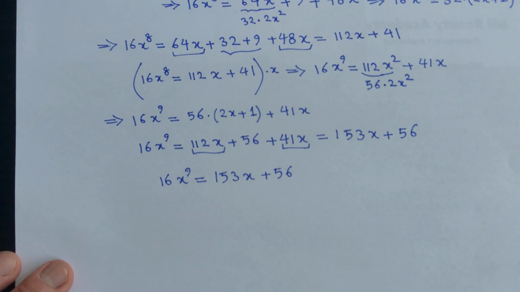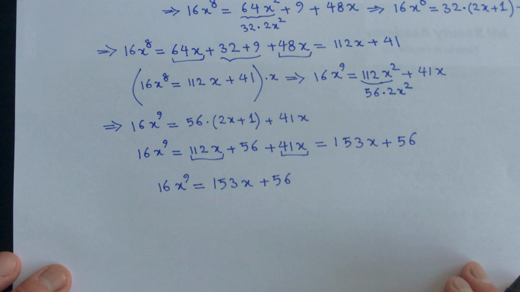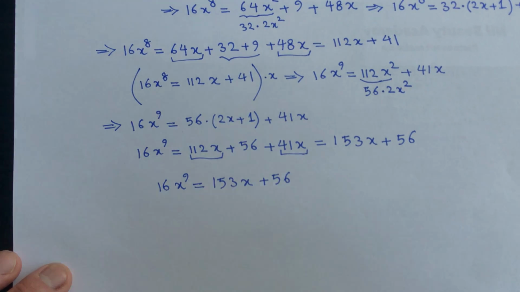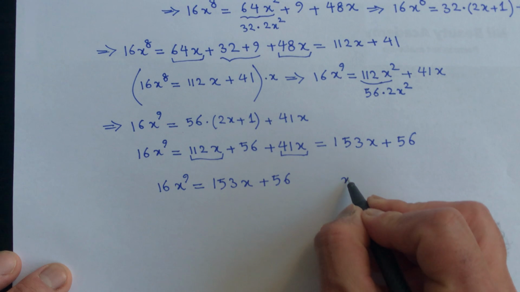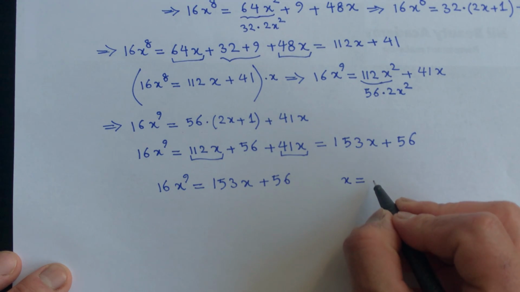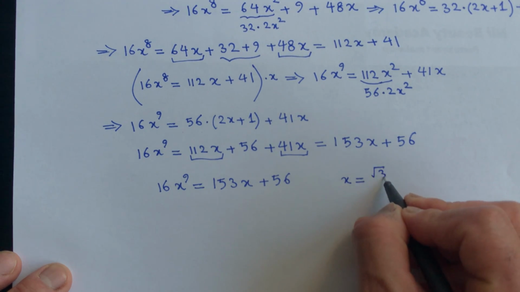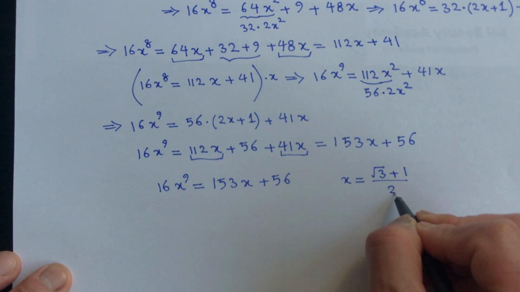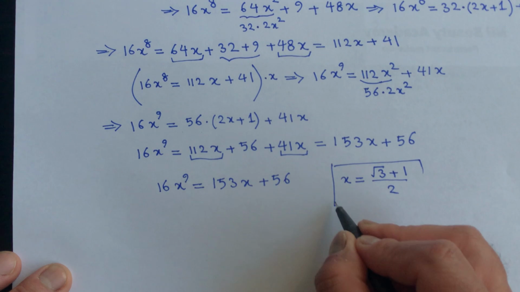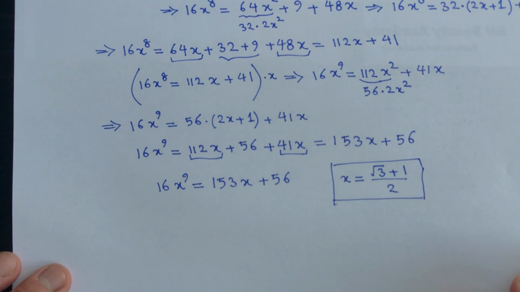And if you remember, I defined x at the first steps as x equals (square root of 3 plus 1) over 2. That one is the main expression of x.